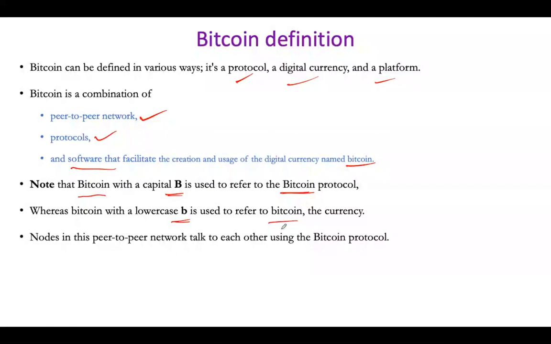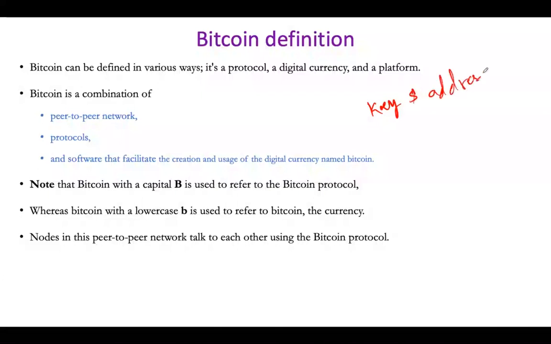So the double spending problem arises when a user sends coins to two different users at the same time and they are verified independently as valid transactions. So in this definition of Bitcoin, the first one is your keys and the addresses, which are used for generating the blocks.